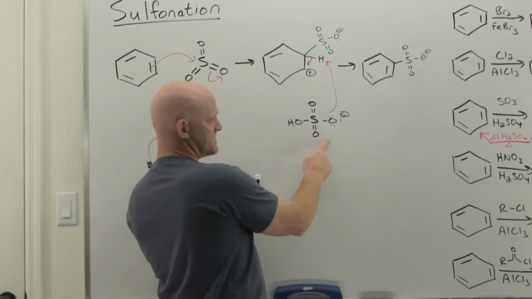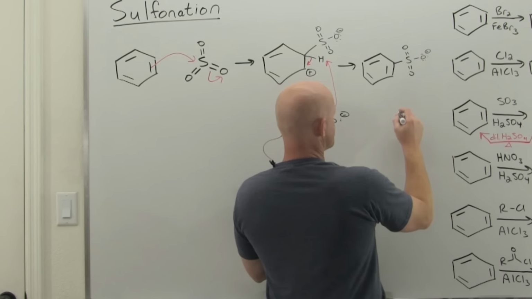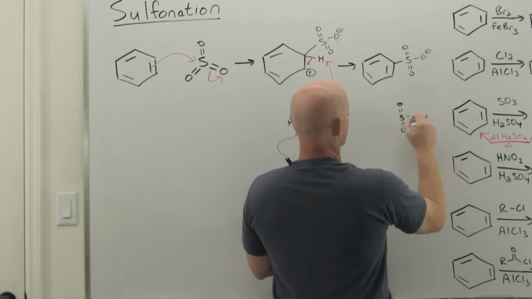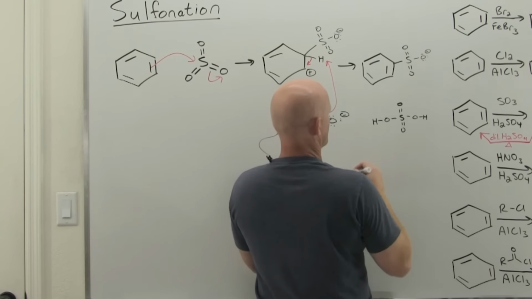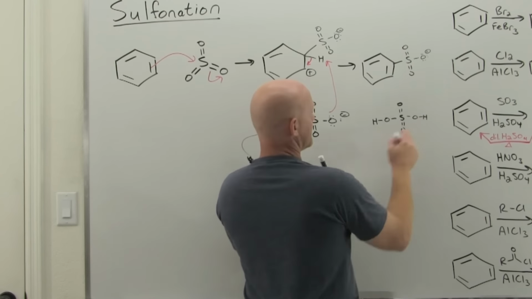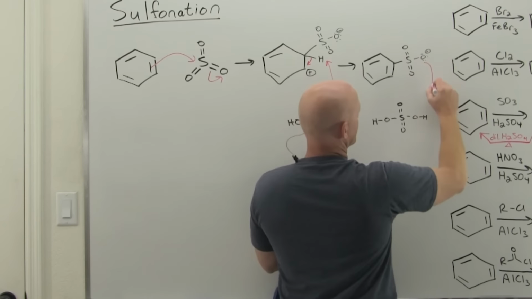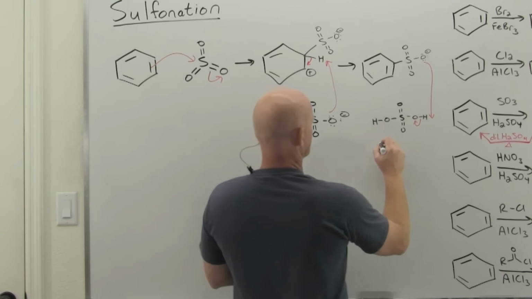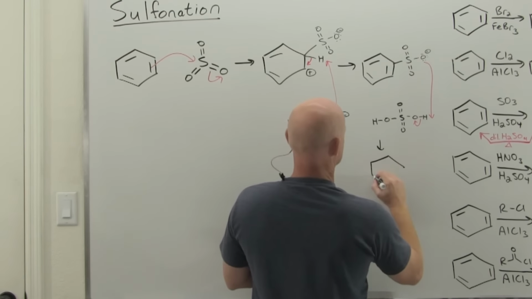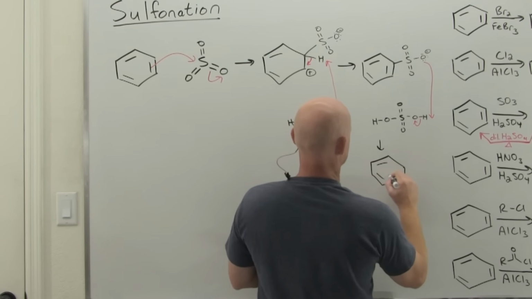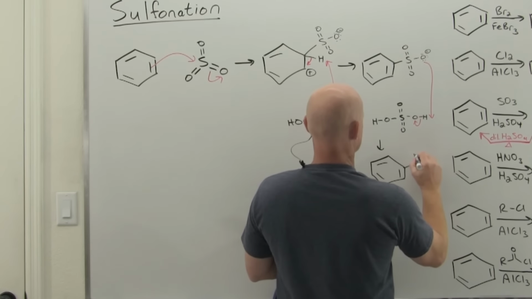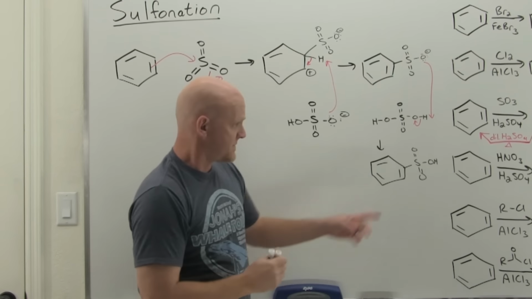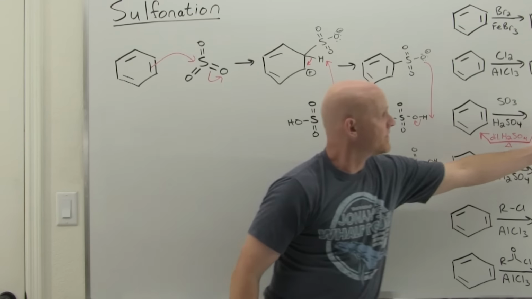And then from here we just form some sulfuric acid here, and there's solutions chock full of concentrated sulfuric acid, so even if we didn't, we'd have a bunch of it anyways. And then we'll just deprotonate one of these sulfuric acids to protonate this guy and form our sulfonate group, our sulfonic acid group, if you will. Cool. And this right here is what we abbreviate as the SO3H group.